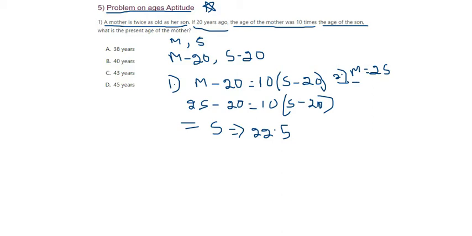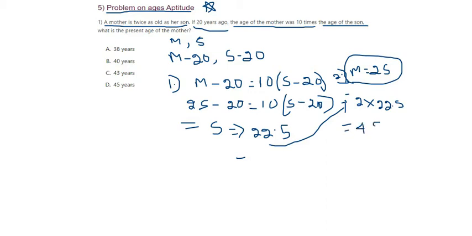But here the mother is twice as old as her son, so putting this answer into this equation, 2 into 22.5, you will get 45. So the mother's age was 45. A simple equation can be solved easily, as the equation is in the question itself. We just have to think.